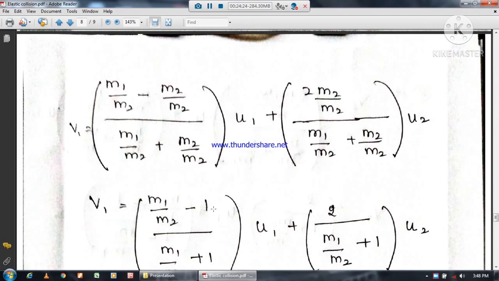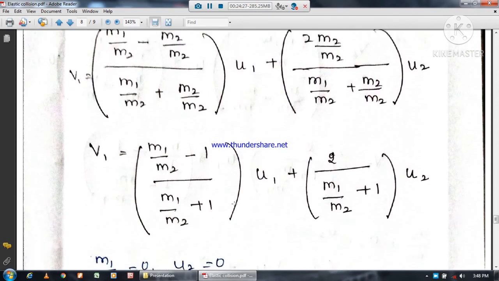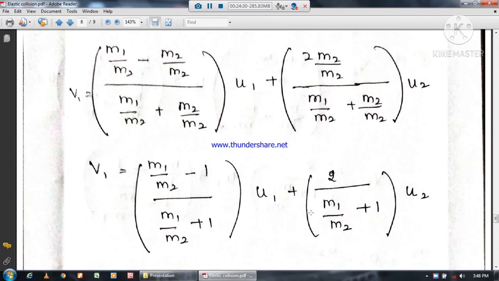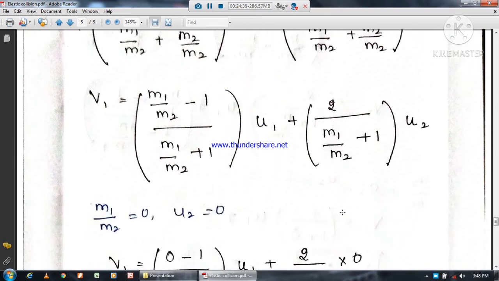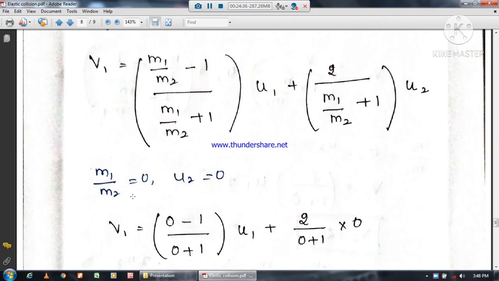We simplify this, we get v1 is equal to (m1/m2 minus 1) divided by (m1/m2 plus 1) into u1, plus 2 divided by (m1/m2 plus 1) into u2. Now we put m1/m2 is equal to 0 and u2 is equal to 0.